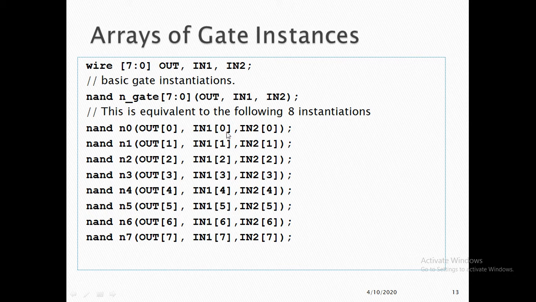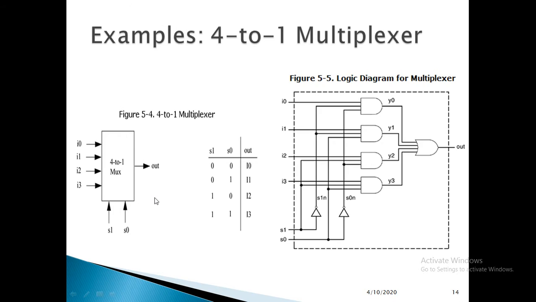Firstly, in1 bit number 0, in2 bit number 0, and the output will be bit number 0 of out. In1 bit number 1, in2 bit number 1, and the output will be bit number 1 of out. Similarly up to 7. Here you see that arrays of gate instances are used.